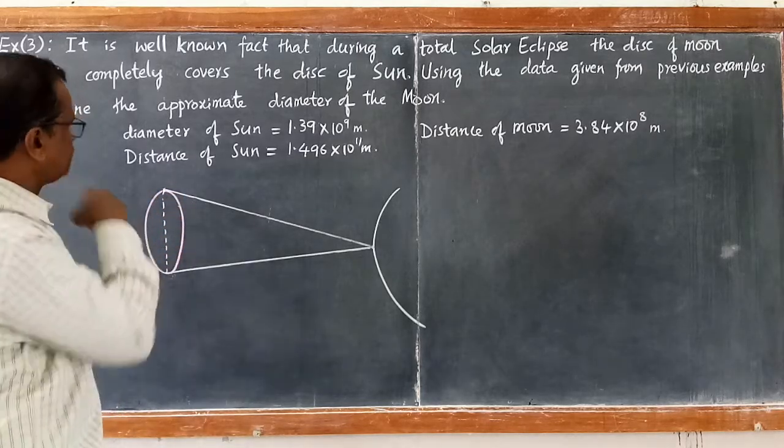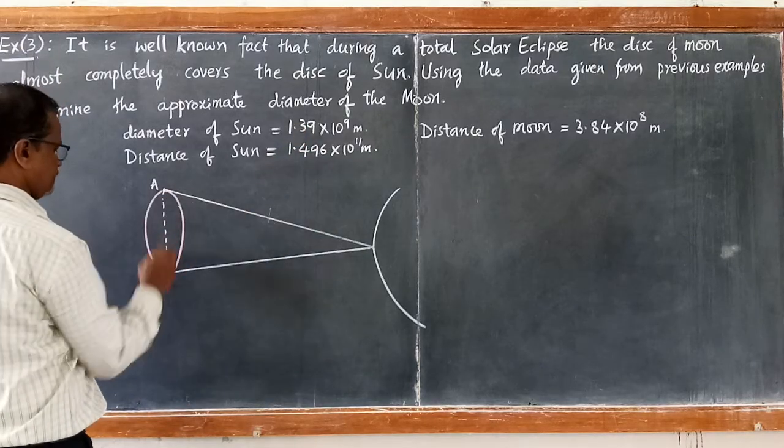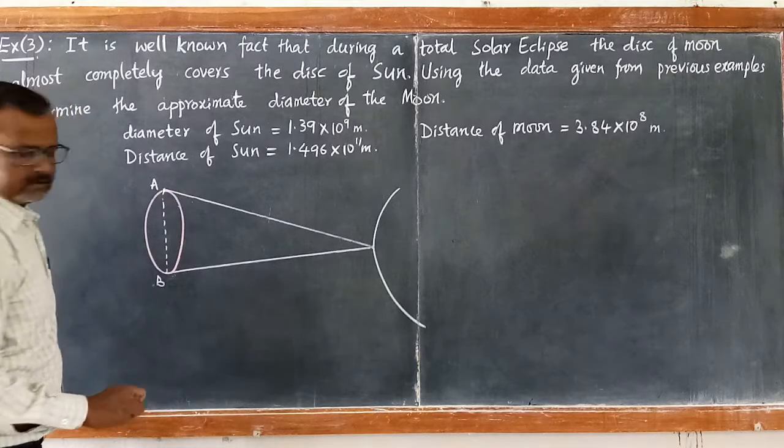And we have found out the diameter of the sun. You can take this one as AB, diameter of the sun.